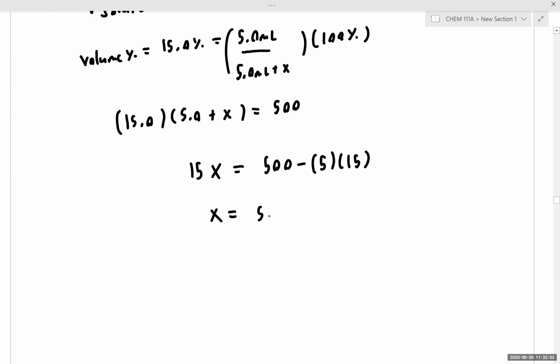X is equal to 500 minus 5 times 15 over 15, and that in turn gives us 28.3.